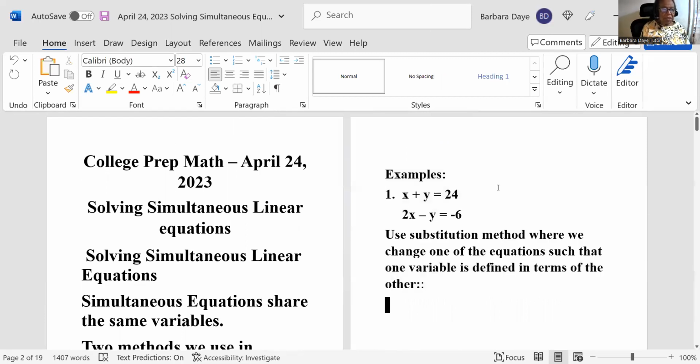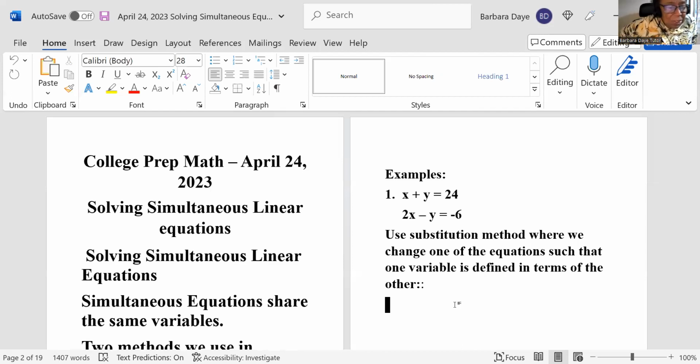You have x plus y is 24 and 2x minus y equals minus 6. And like I say, you can use the substitution method or you can use the elimination method. You decide which one you want to use once you look at both of them.